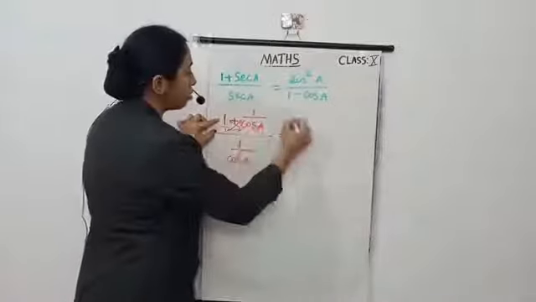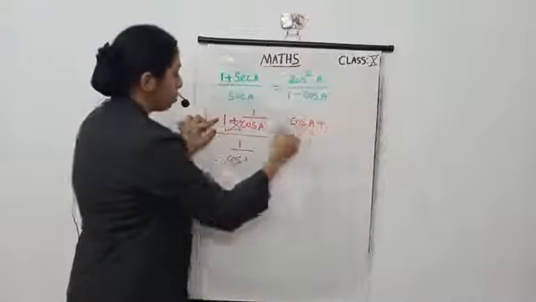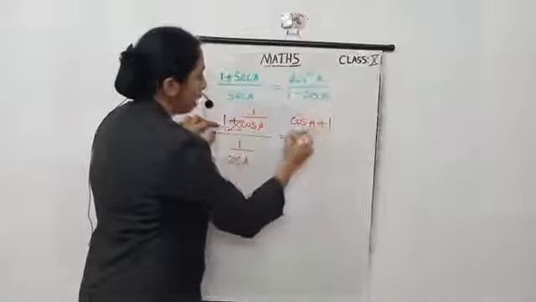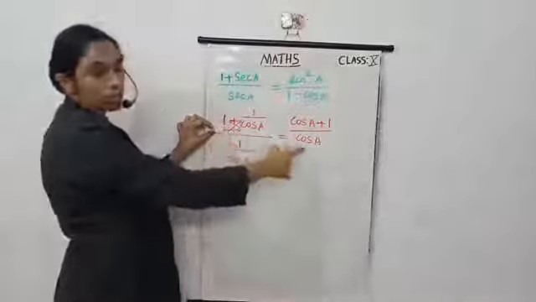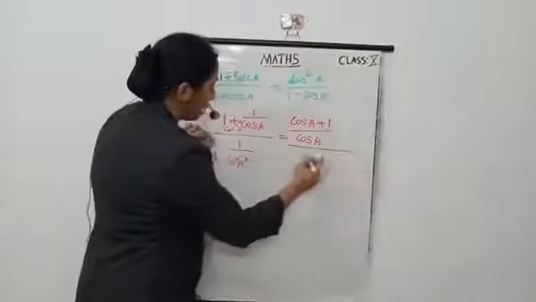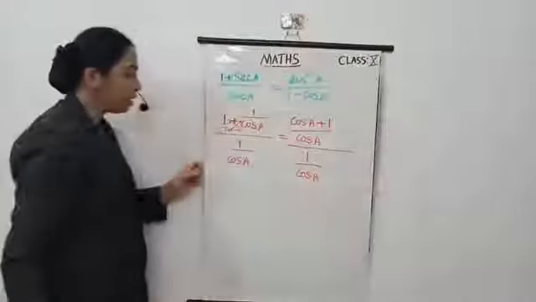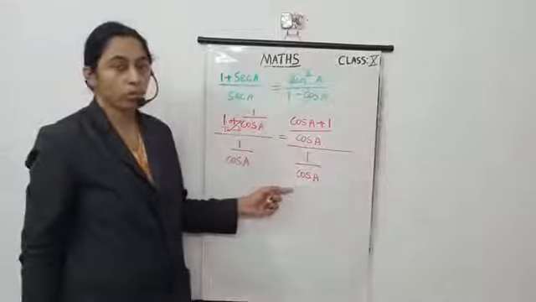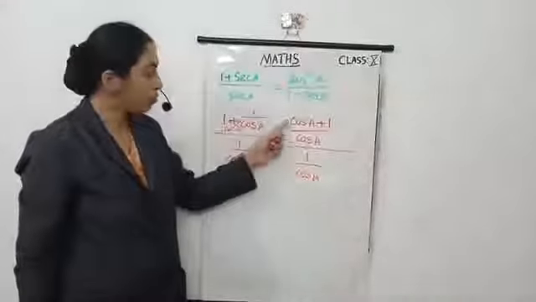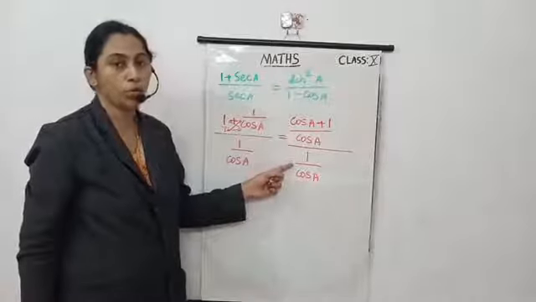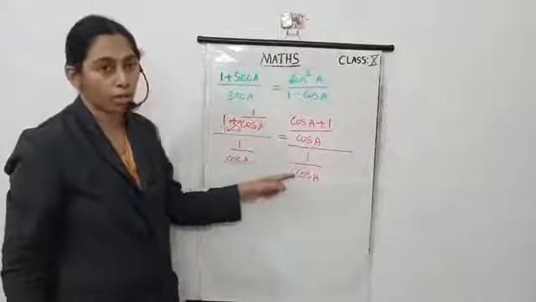So 1 into cos A is cos A plus 1 into 1 means 1 by cos A. 1 into cos A is cos A itself, all divided by 1 by cos A. Now I already told in previous question that a fraction by a fraction means numerator fraction into reciprocal of denominator fraction.